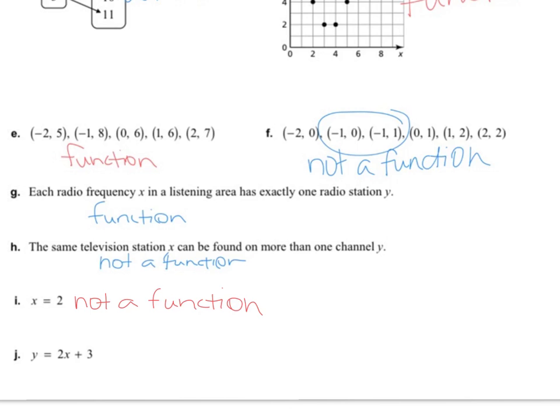And then the very last one, Y equals 2x plus 3. This is going to be a function. Anytime you see the equation set up as Y equals something X plus a number, you could graph this in your graphing calculator. You could see that it's a line that's not a vertical line. It's going to pass the vertical line test, so this is a function.